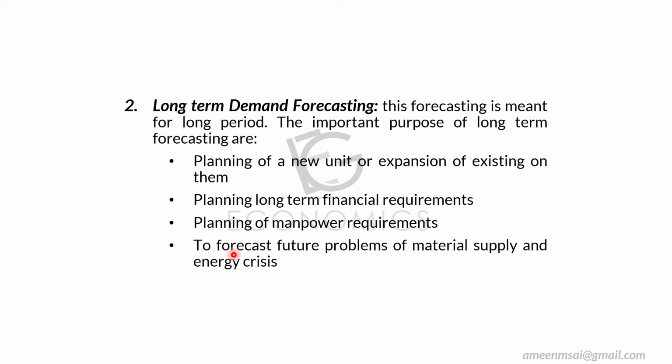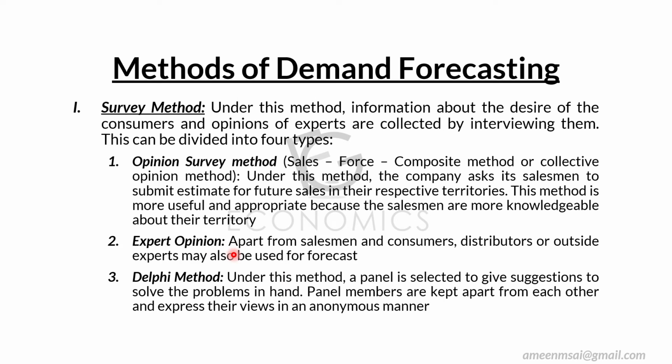You should have a clear-cut planning of your energy requirements, because energy is a much needed and of course the most faced crisis in the modern world. So for all these purposes, we are forecasting the demand on a long term. So these are the two types of demand forecasting.